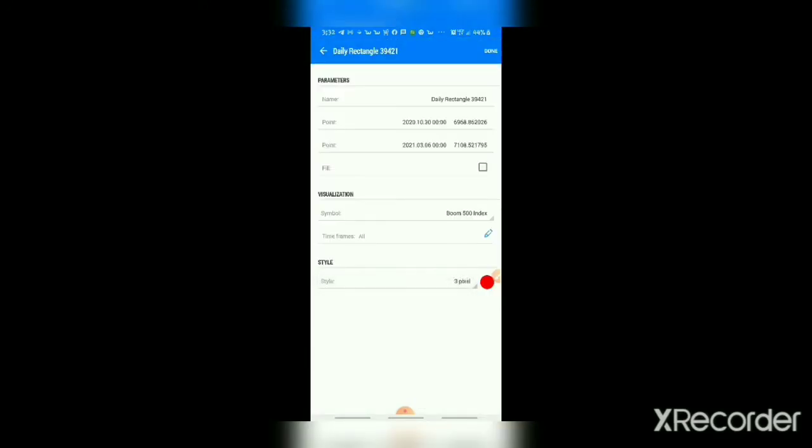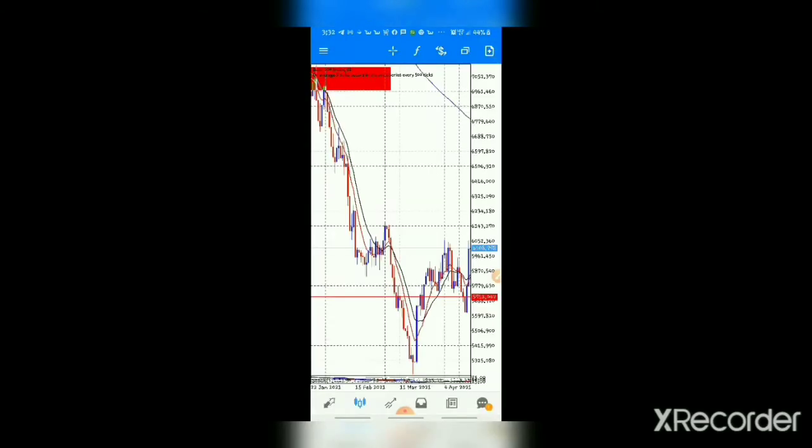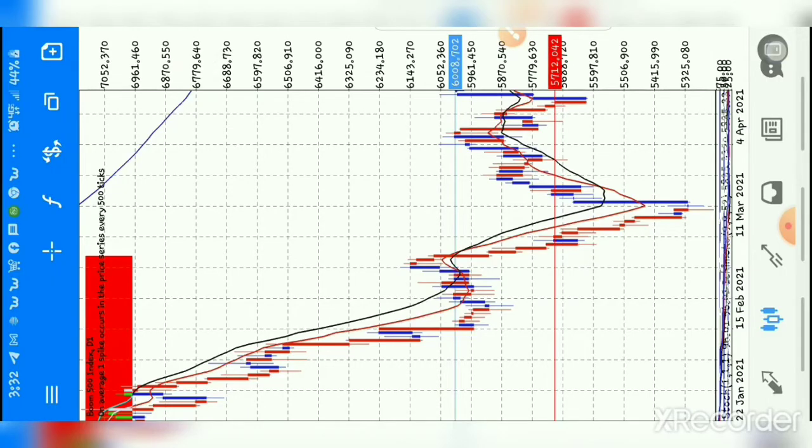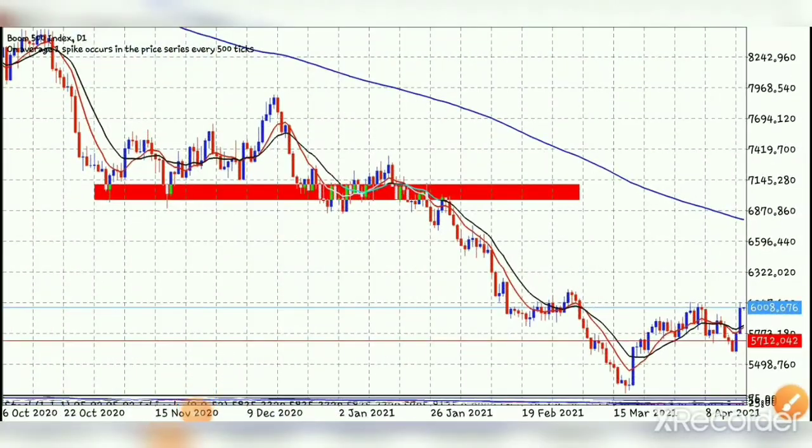By increasing the pixel, and let me give it a fill color so that it can be visible on the chart. Now rotate it back to the landscape. So you can see this particular area now. You can see the price has respected it at least more than twice. 1, 2, 3, and this is the 4th one.